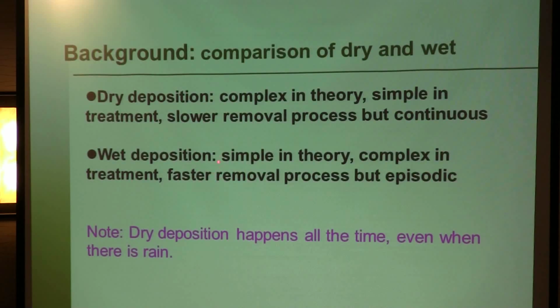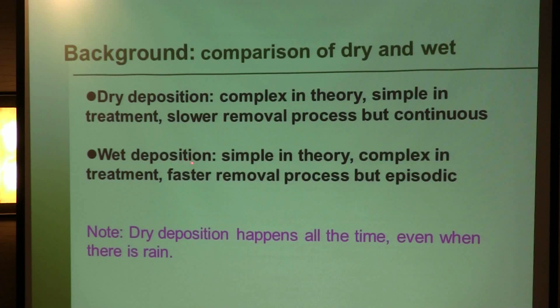A simple comparison of dry and wet. For dry deposition, in theory, it's very complex because it involves too many chemical and physical processes, and many processes are not well understood. Because there are so many unknown areas, technically we treat it as a very simple process, using a very simple scheme.